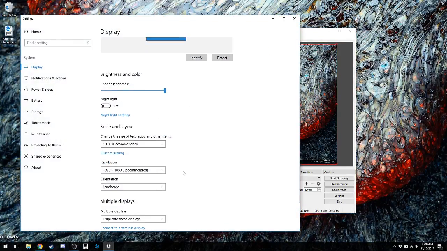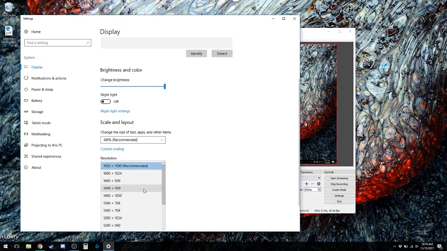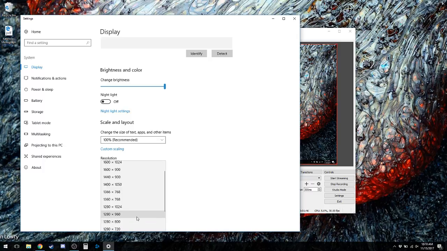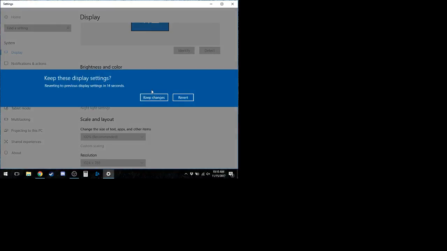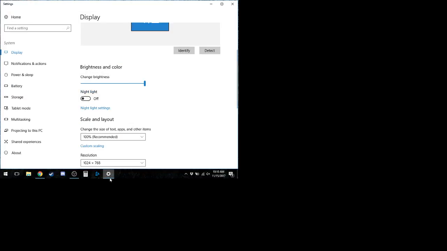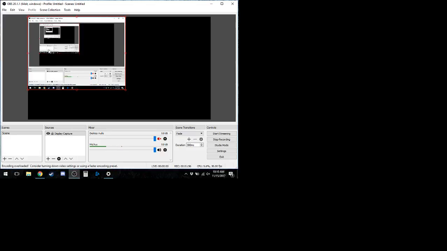Anyone know what a 4x3 setting is off the top of their head? It's not 640. Maybe this one will work. Holy, that's different. That might work.